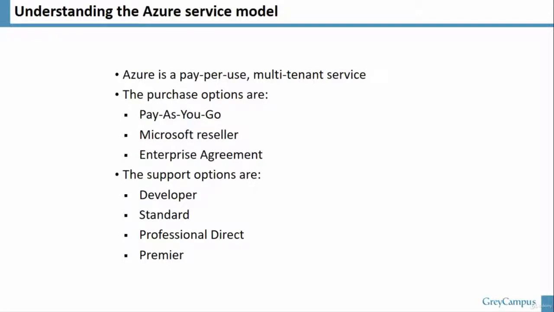Then you can go ahead and buy from a Microsoft reseller. To work with the same resellers from whom you currently purchase Microsoft software under the Microsoft Open License program, you can select this option as well. You must purchase Azure in Open credits from your vendor. You can then activate your subscription by using those credits. You can apply Azure in Open credit toward any Azure service that is eligible for monetary commitments when purchased online.